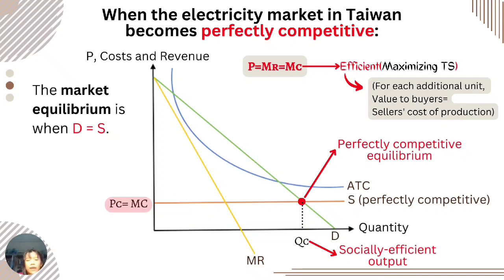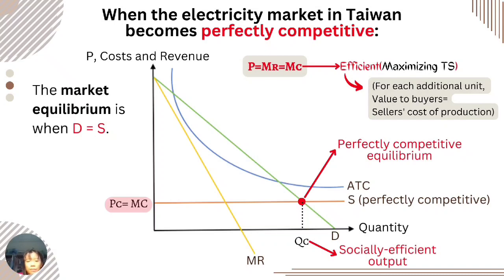And as we know that in perfectly competitive market, the supply curve will be the same as the marginal cost curve. And to find the market equilibrium, we need to find where the demand curve crosses the supply curve.